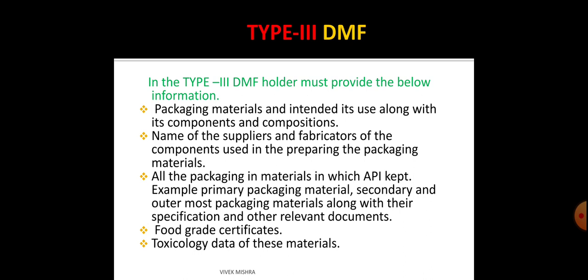We need characterization data of that primary packaging material. And the second thing we have discussed, the food grade certificate: the material which we are using should be food grade and should come along with the food grade certificate and toxicology data of this material.